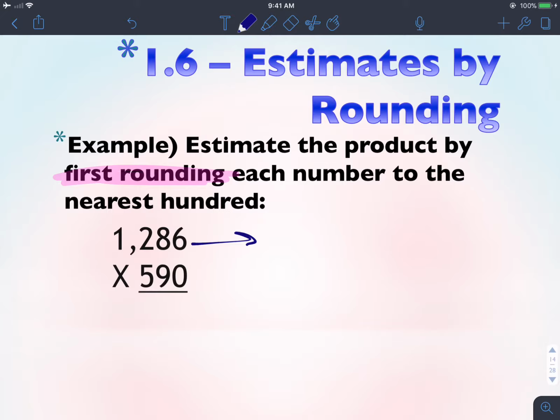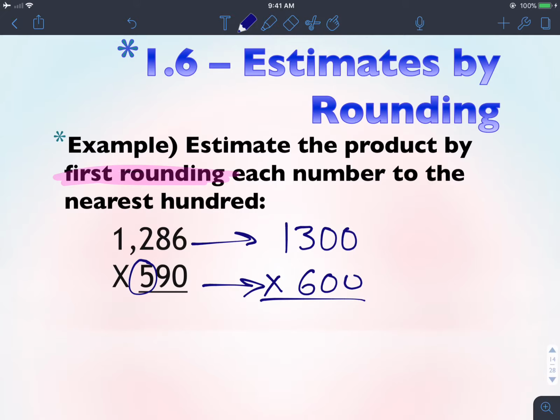You got it. 1,300. 590 to the nearest hundred. Well, here's the 5. Look at the 9. Okay, 600.